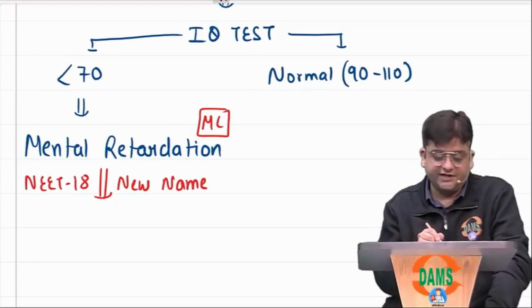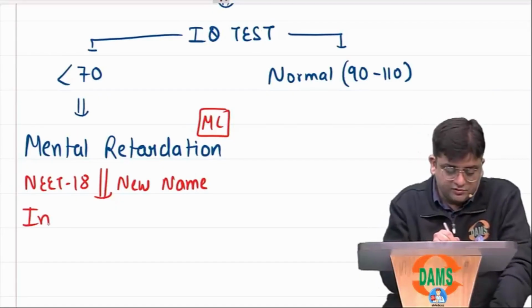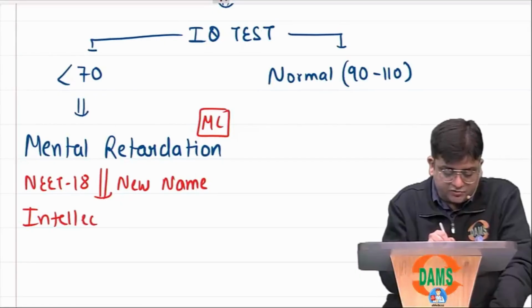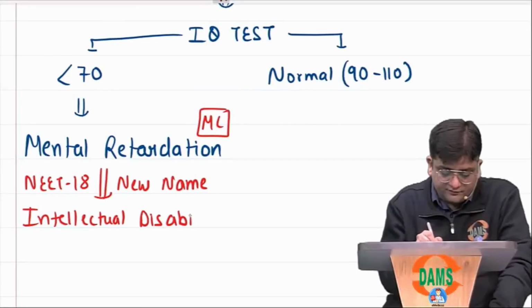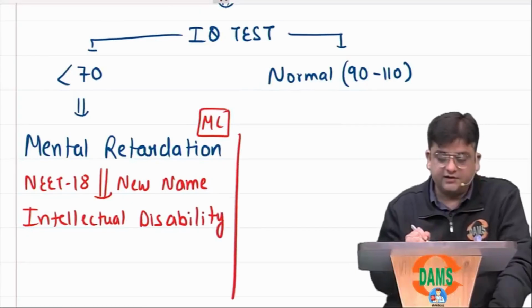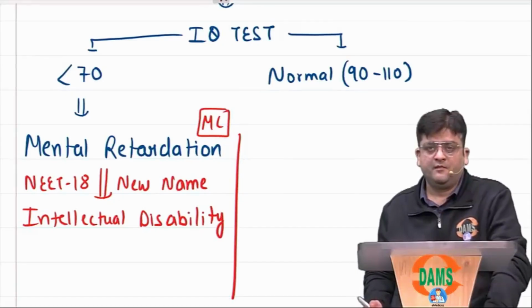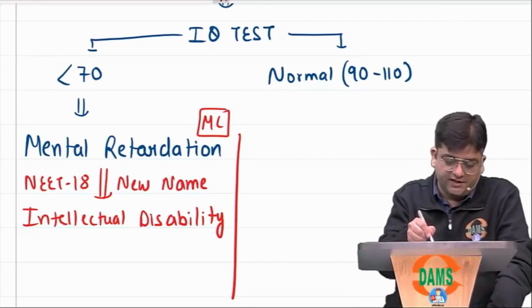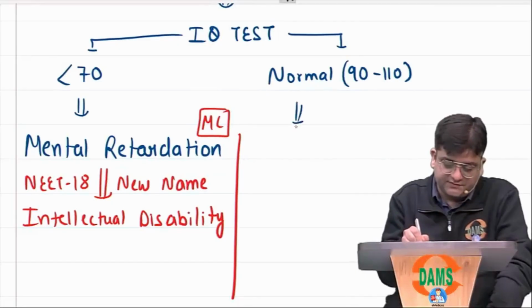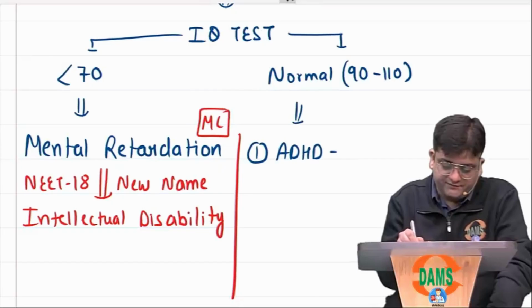Asked in NEET 2018, intellectual disability. Intellectual disability. In normal IQ, the condition name is ADHD.